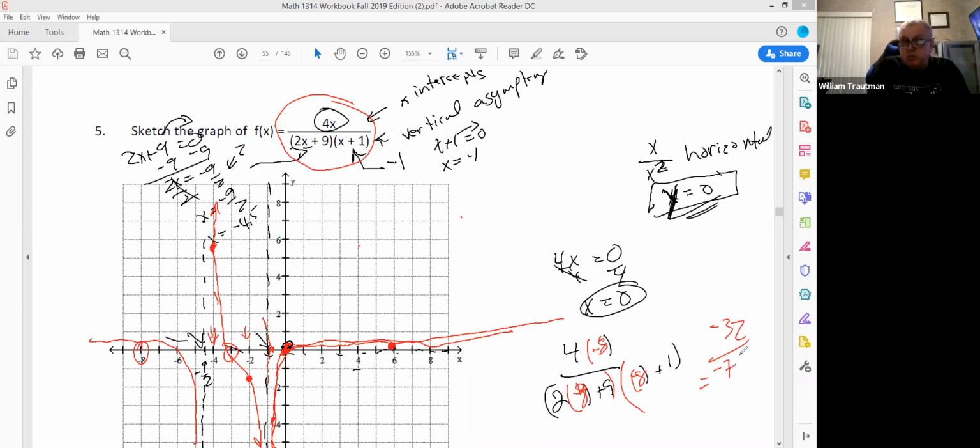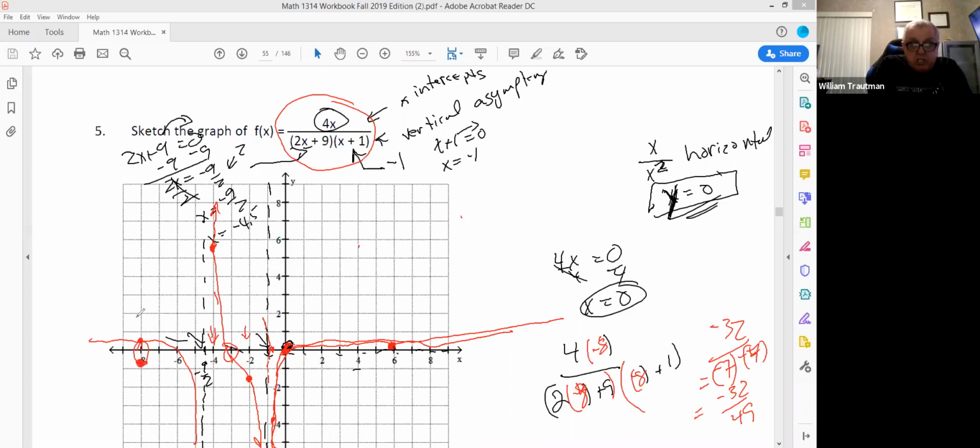And -8 plus 1 is -7. So I get -32 divided by a +49. So I get a little bit less than 1, at -8. I get a little bit less than -1. So it'll be about right here.